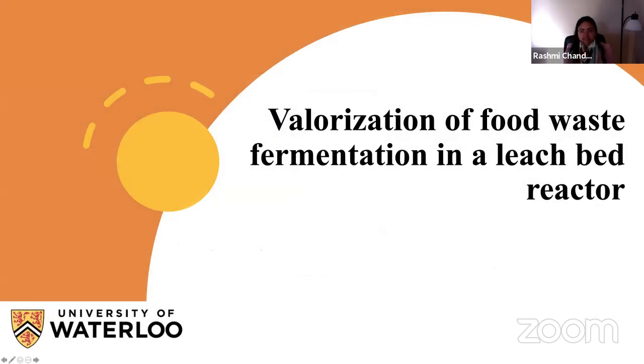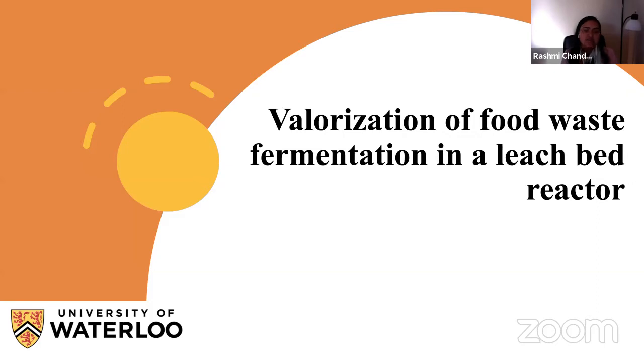Then I added this point because a lot of students at JN2 are from an engineering background. This is typical for engineering students, where we use food waste in a leachate bed reactor for its degradation.